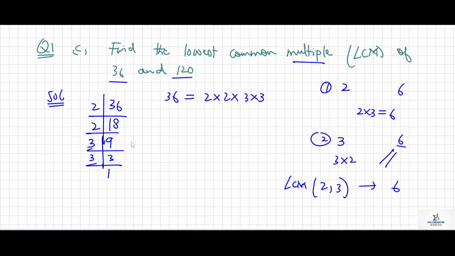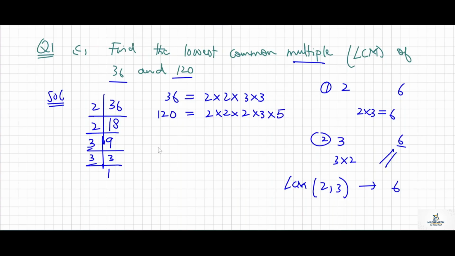Now 120 can also be written similarly. It's like this: 2 into 2 into 2 into 3 into 5.